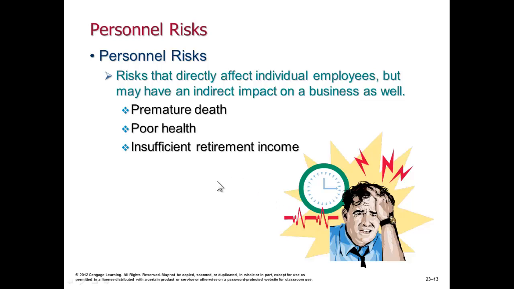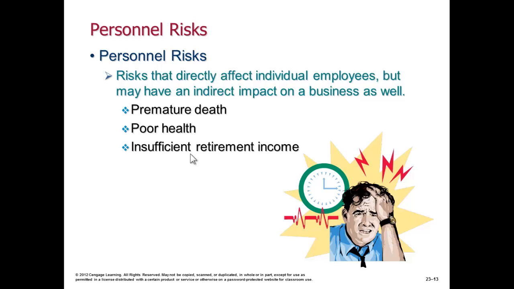Personnel risks that directly affect individual employees but may have an indirect impact on the business as well. This could be premature death or poor health or insufficient retirement income. And this is not insufficient retirement income for the employee but it could be the fact that the company has not set aside the money that they had planned to provide for their retired employees, so that they can't really meet those commitments.